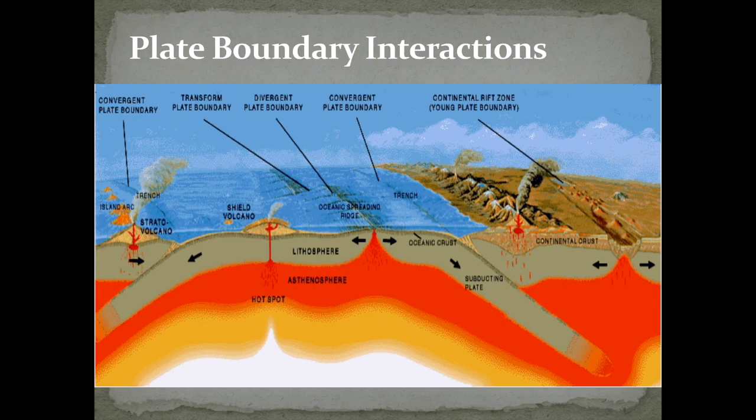That would be the creation of a mountain chain or a mid-Atlantic ridge. That is a divergent boundary. You also have one other type of boundary, which would be a transform boundary, or a sliding motion, as opposed to moving apart or colliding.